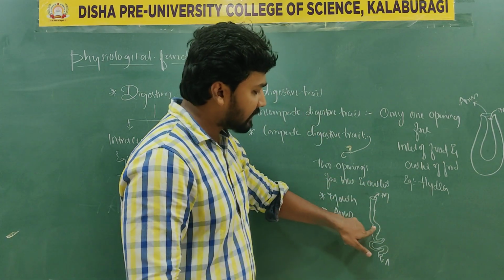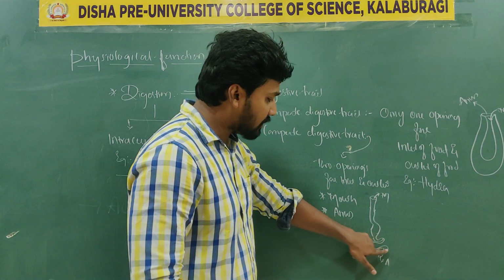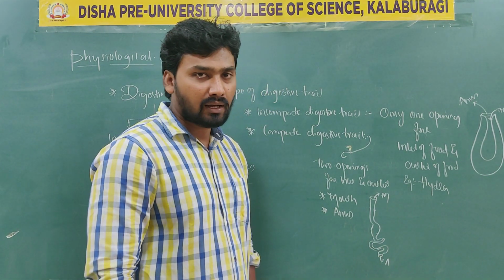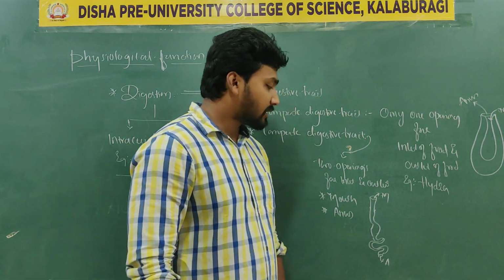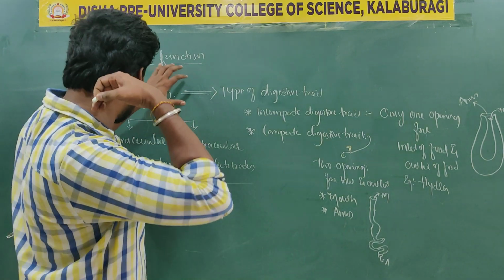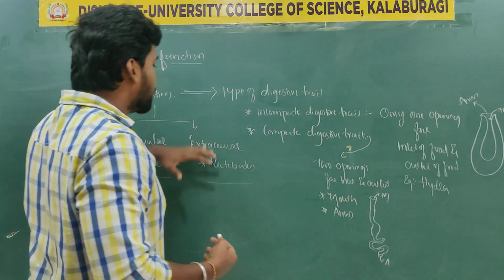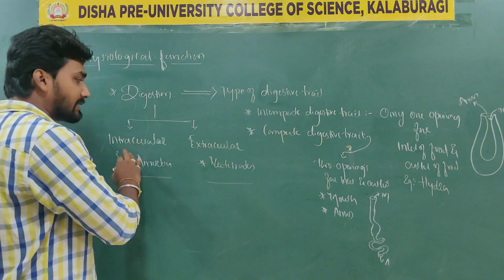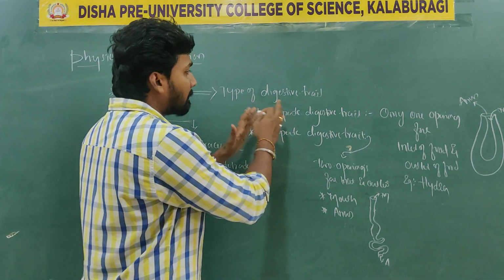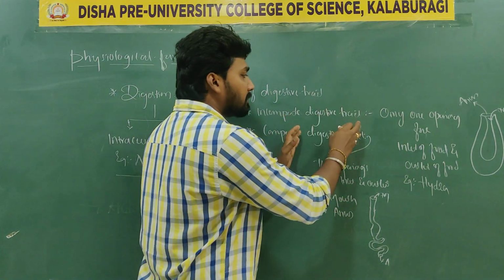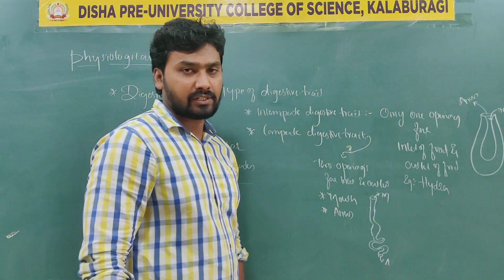Food enters here, gets digested and absorbed, then the undigested food gets flushed out from the other aperture, which is the anus. So on the basis of digestion and digestive tract, animals are classified into different forms: intracellular and extracellular digestion, and incomplete and complete digestive tract.